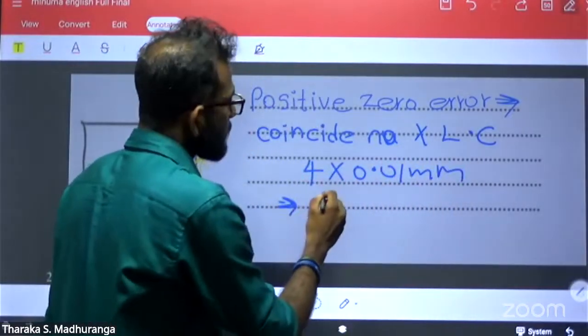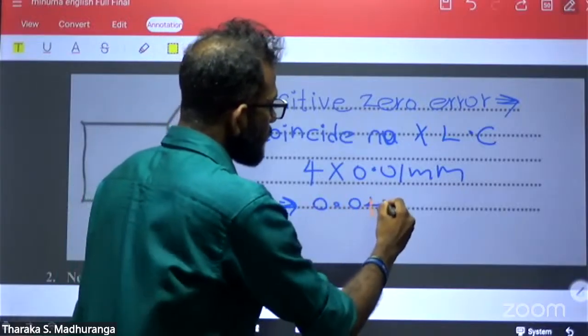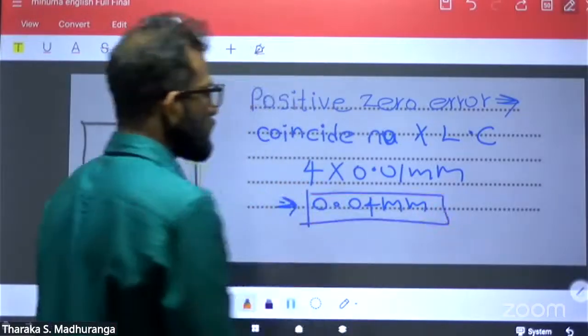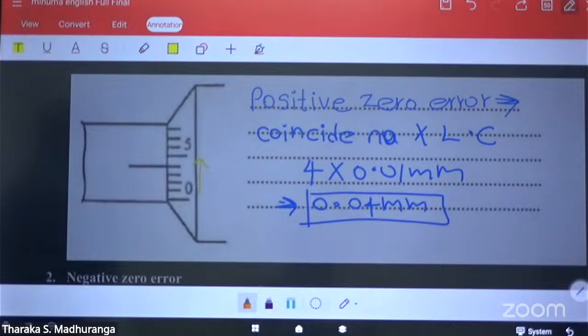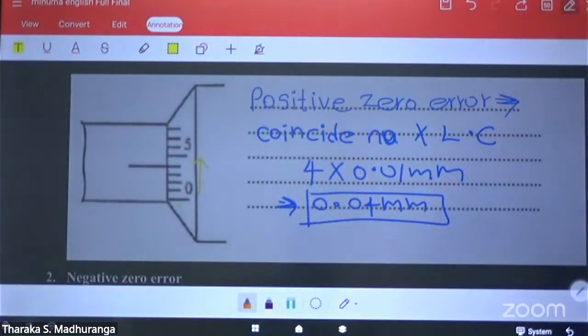The positive zero error is 0.04 millimeter. Write down in the tute. How do we get this coincide part? Just multiply by the least count, same as the measurement reading.